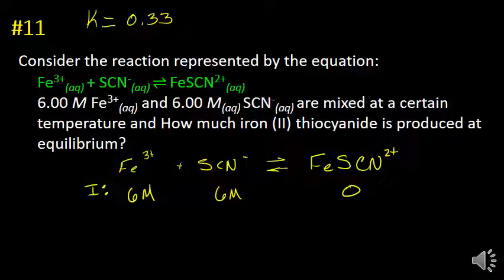So then the question says, how much will I make at equilibrium? So again, I need to know my change. Is this going to be a positive or negative X under the iron? Yeah, it's going to lose some. What about the thiocyanate? It's going to lose some. What about this one? It's going to gain some, isn't it?